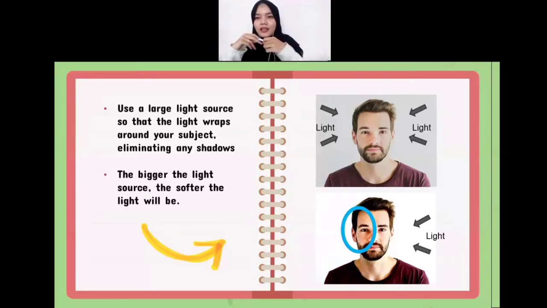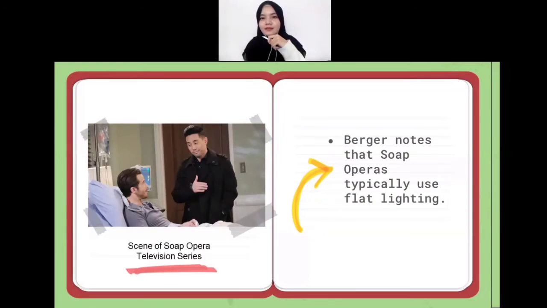In the second picture, the circle that I put on the man's face actually highlights the shadows on the part of his eyes and also at the forehead. So the bigger the light source, the softer the light will be. That's why the first picture tends to be softer than the second picture.